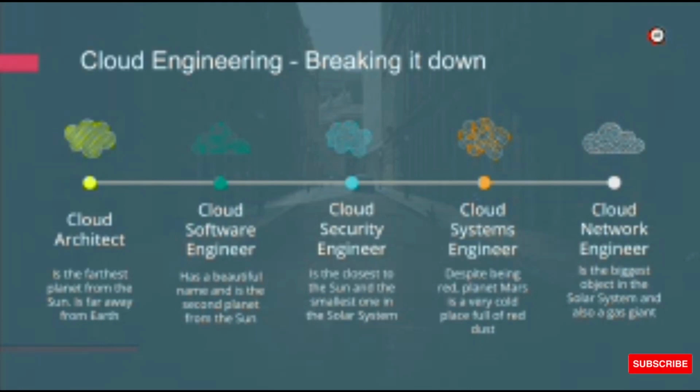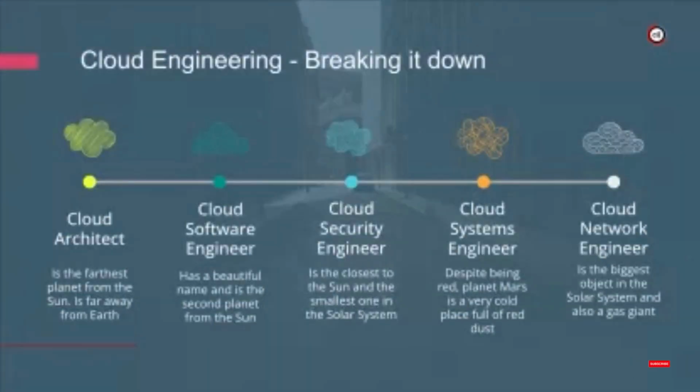Now, cloud software engineering, on the other hand, has to do with writing code that either creates, automates, or allows cloud services to be executed. So, for example, as a cloud software engineer, you might find yourself writing pieces of code that create infrastructure.